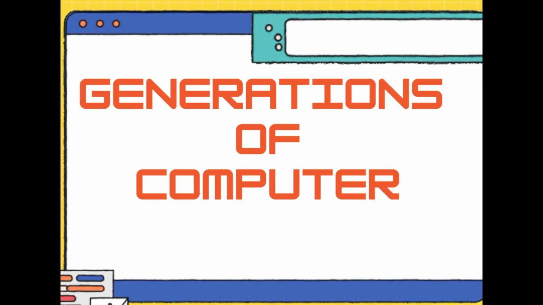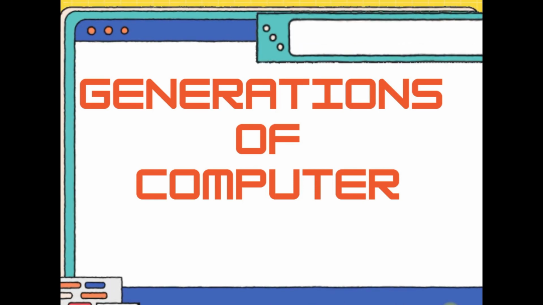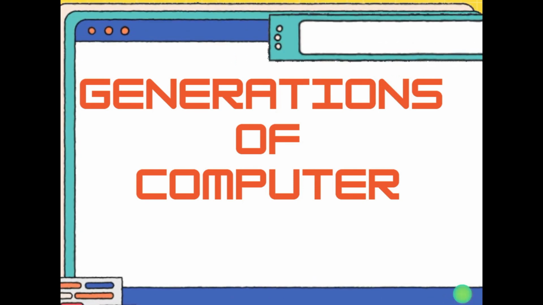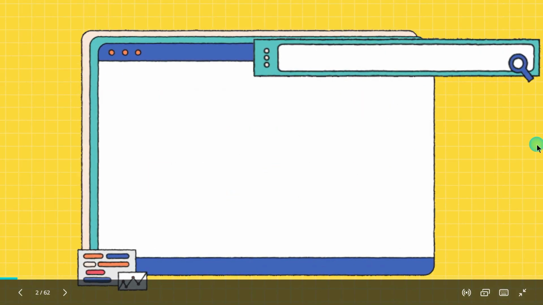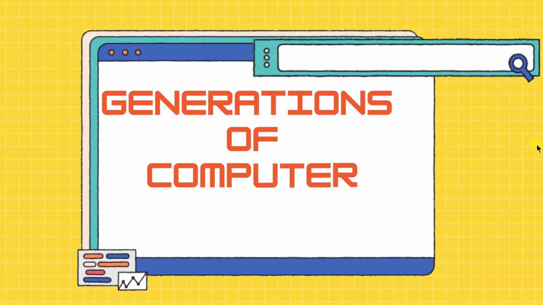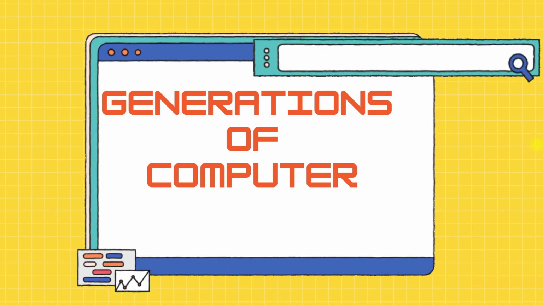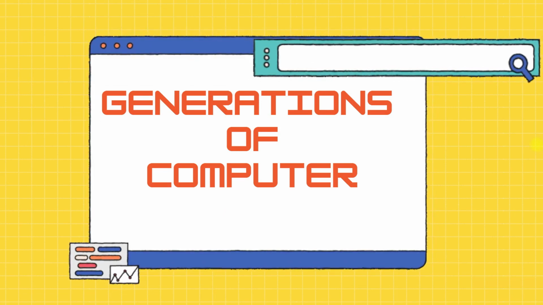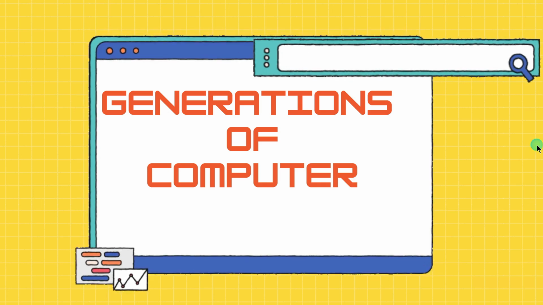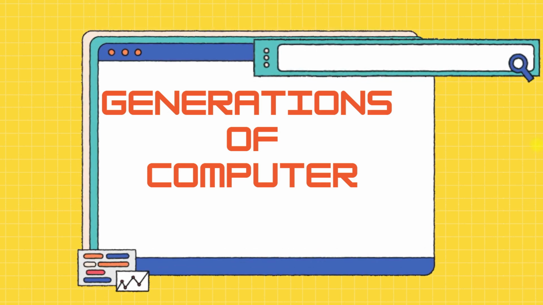Now let's start the next topic, that is generations of computers. The history of computer technology is often used to refer to the origin of all the different generations of computers from first to fifth.